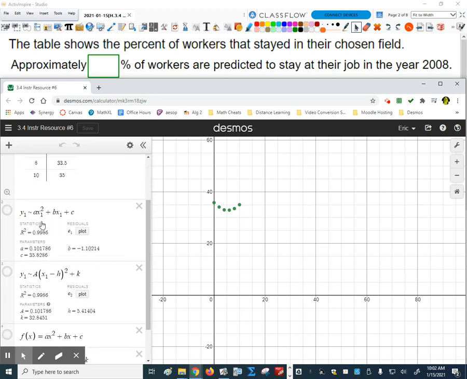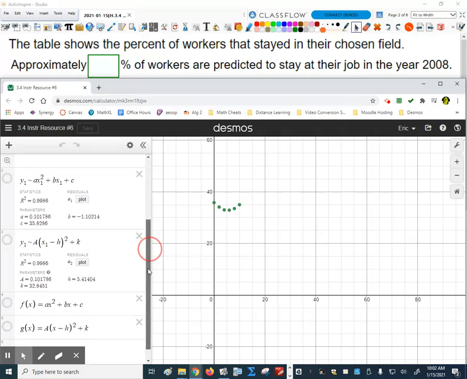And remember the way we do this, we put the output value column, so y1 is approximated by, so tilde, a x1 squared plus b x1 plus c. And so now it's going to fit the data to that form. It's going to pick the values of the parameters a, b, and c that best fit the data, and it did that, right? It gave us those values, and it told us that the strength of the correlation, r squared, was about 99.86% fit. That's pretty good.